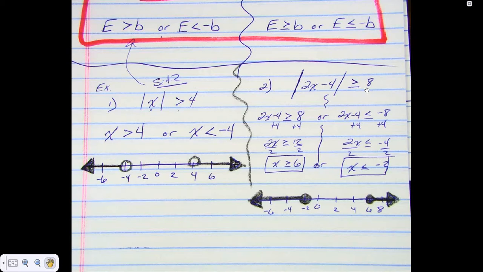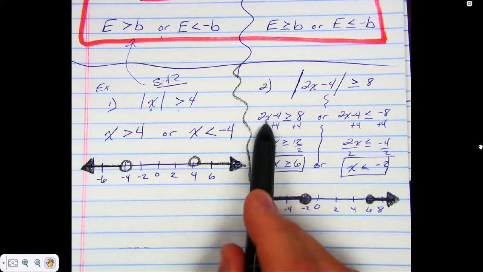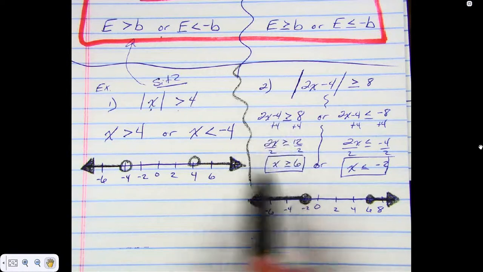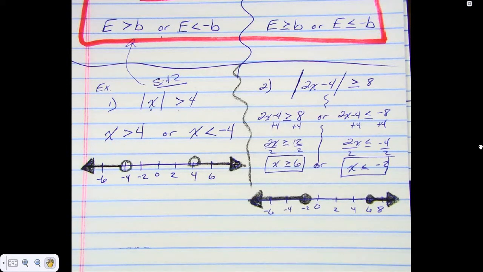Hence, I don't want to hear, oh, I know how to do that. I realize some of you may be able to see in your head that if I put 6 in for x here, 12 minus 4 would be 8. I understand that.